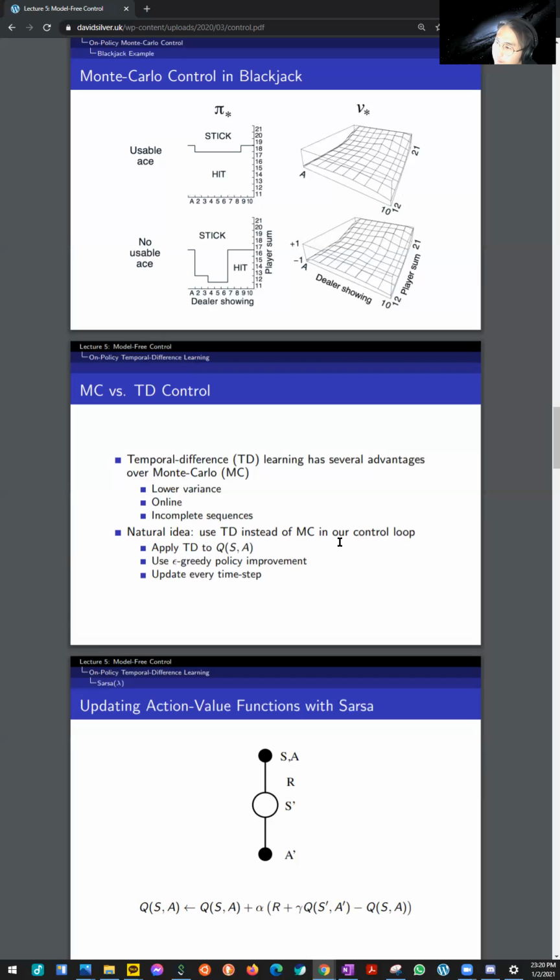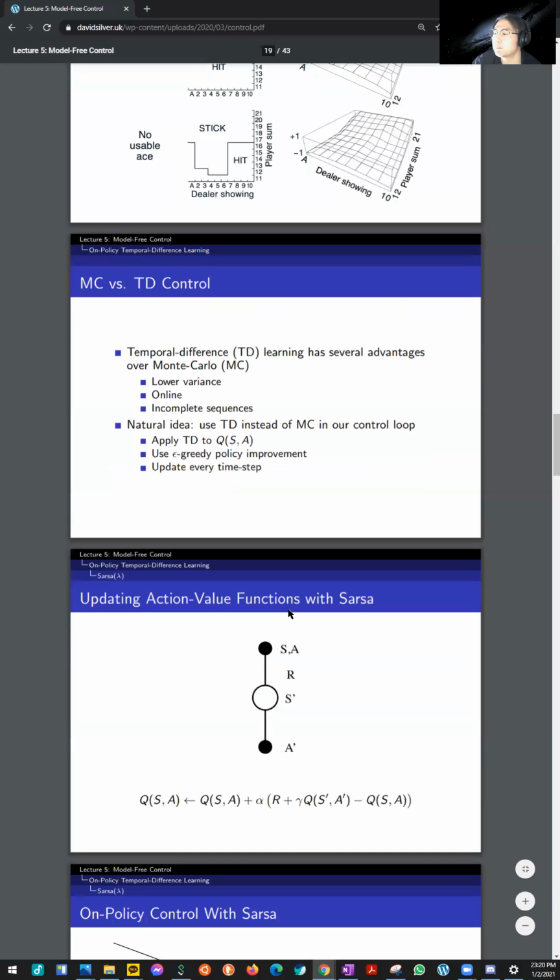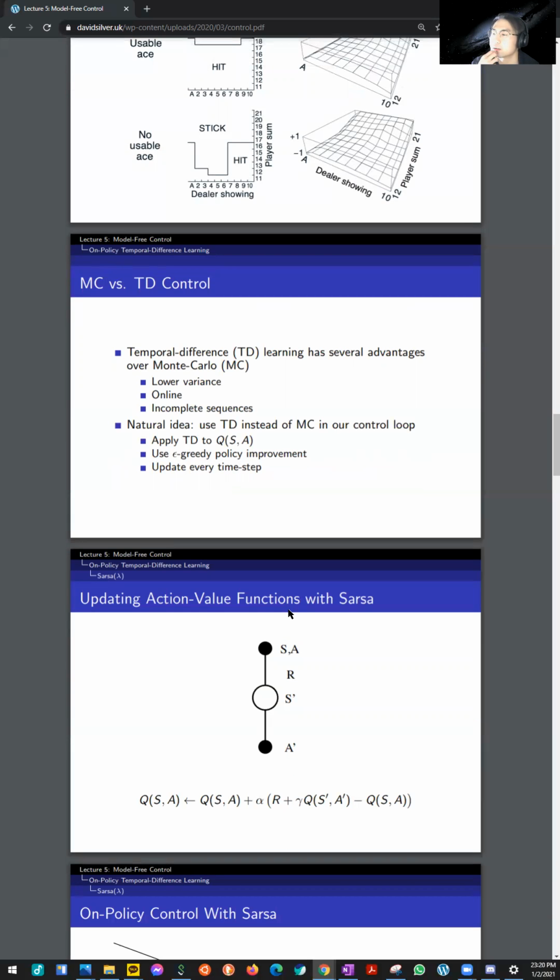Okay, so when it comes to temporal difference learning in this model-free control context, we can first go over two concepts: on-policy learning and off-policy learning. Don't be confused with online and offline.